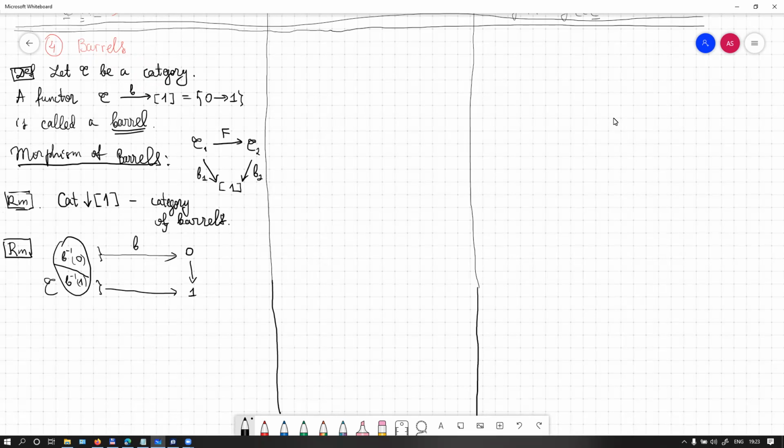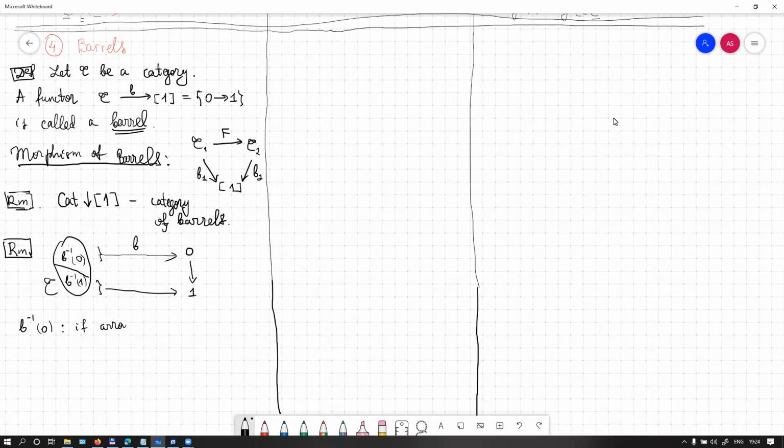There are interesting properties of B to the minus 1 of 0. Let's write the following.